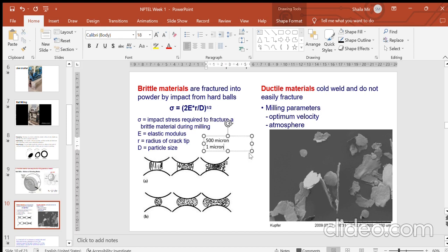I have two particles, one is 500 micron and one is 1 micron. Out of these two, which particle do you expect to have a higher impact stress once you are trying to mill it? Which size of the particle will have higher impact stress?